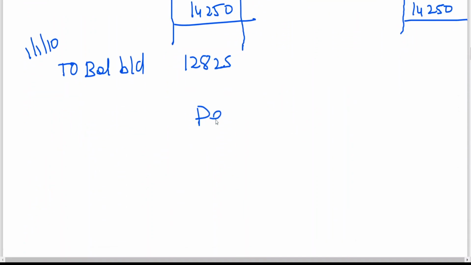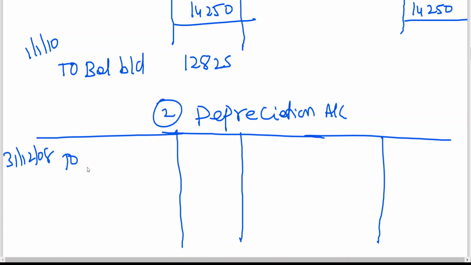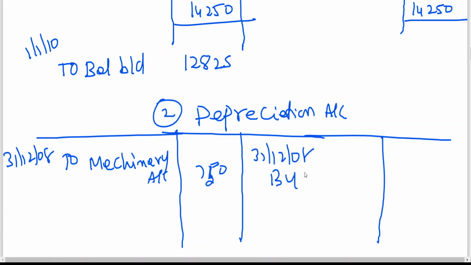Next, again, like the previous one, we need to open which account? Depreciation account. December 8, to machinery account 750. 31st December 8, this is closed by transferring to profit and loss account.